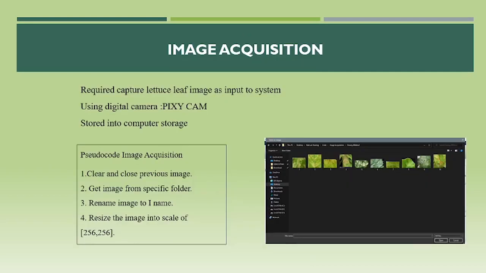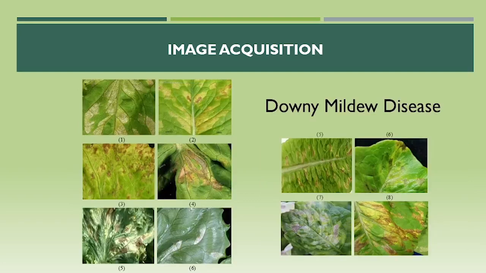So image acquisition requires the latest image as input, using the PC camera, but for FYP1, I only use images from other sources. So I store the images in a specific folder that can easily be accessed by Matlab.